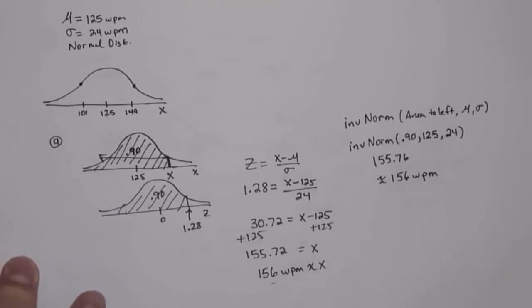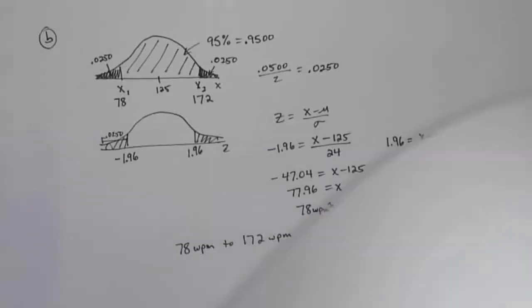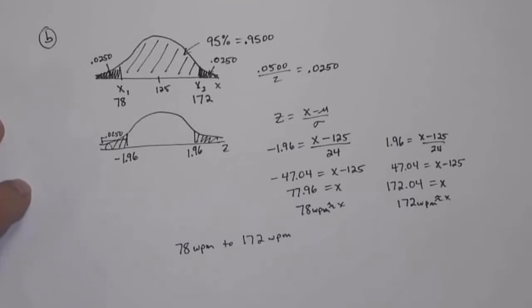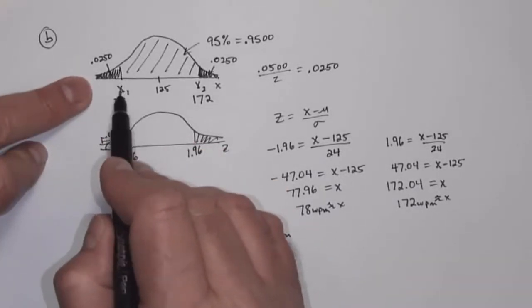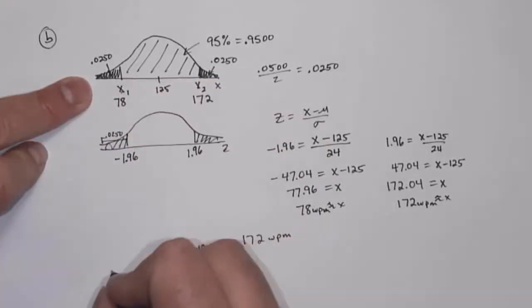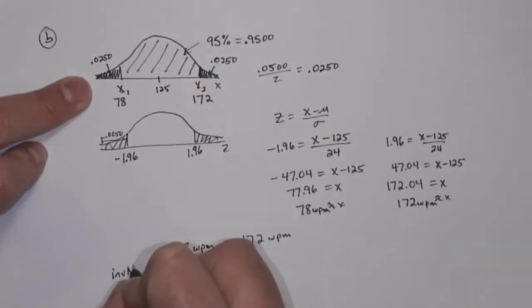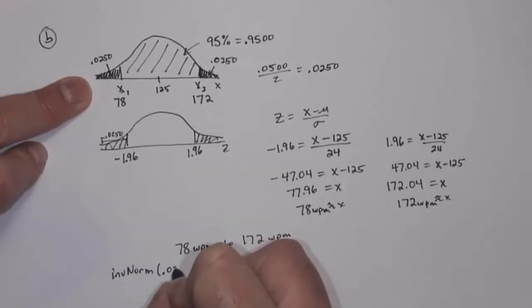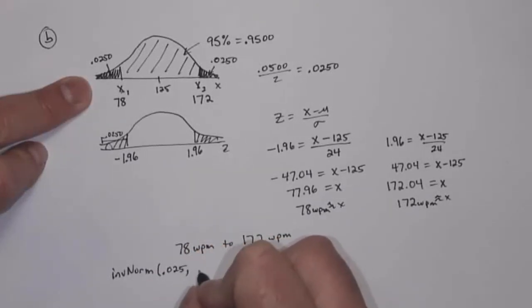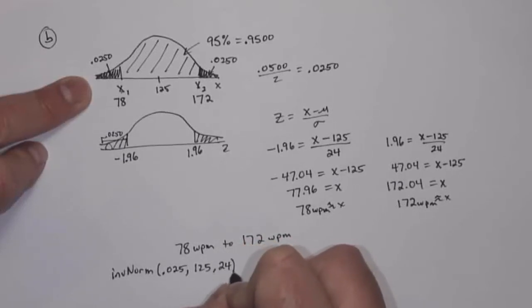Now, looking at part B, I can do the same sort of result. So if I'm going to use the inverse norm on my calculator to find this value here, my area to the left is 0.025, my mean is 125, and my standard deviation is 24.